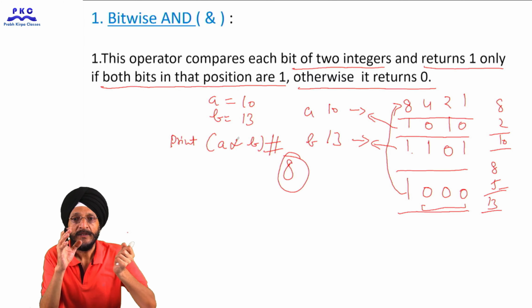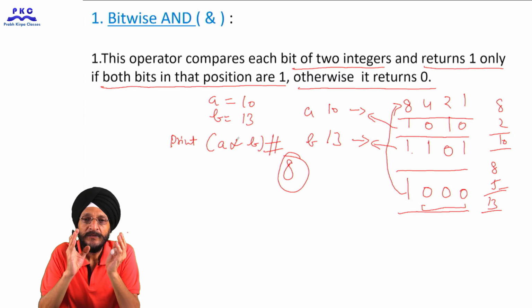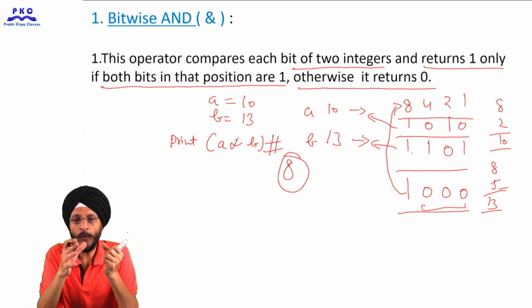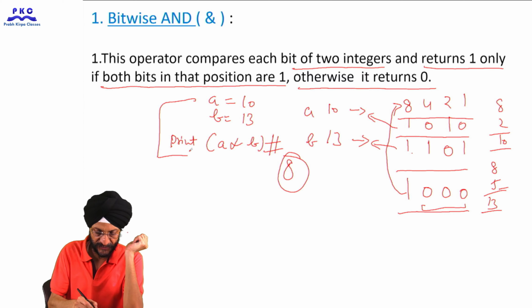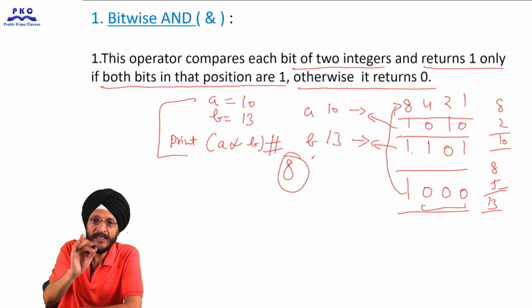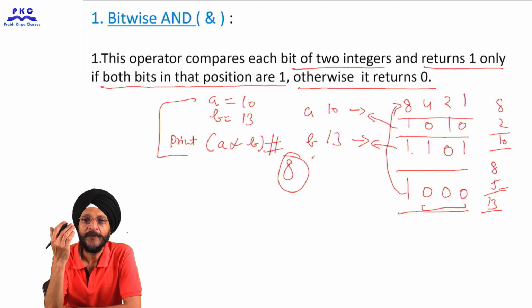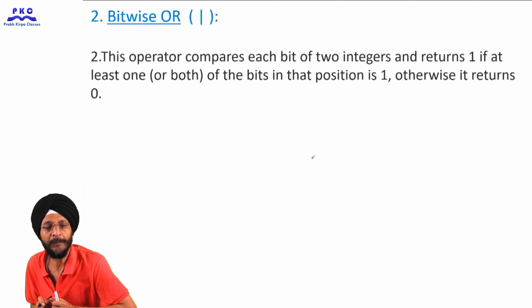When we use Visual Studio Code, that is the code editor, and use these values A and B and print A and B, the ultimate result which we will get will be 8. Now another operator, bitwise OR.